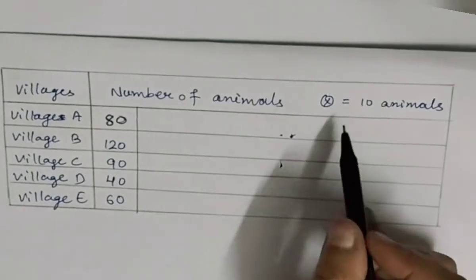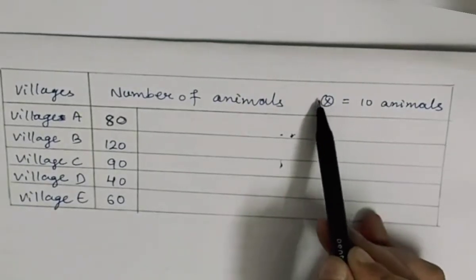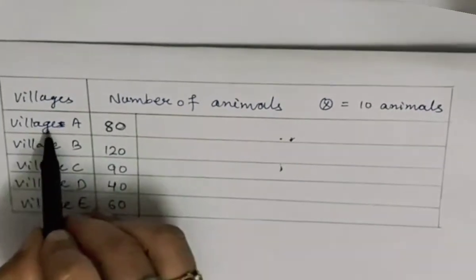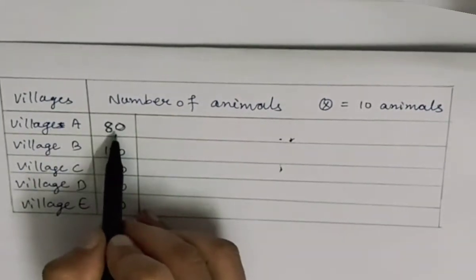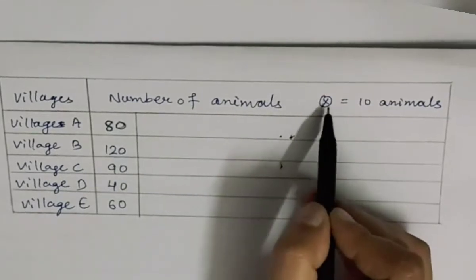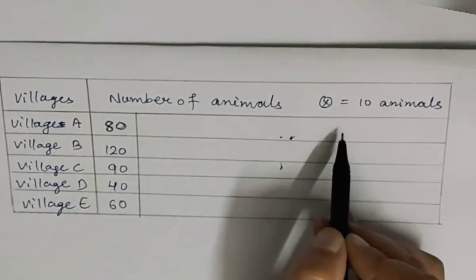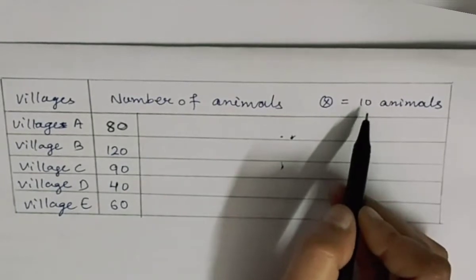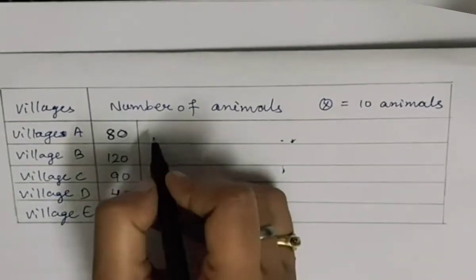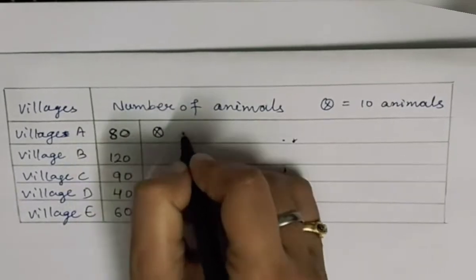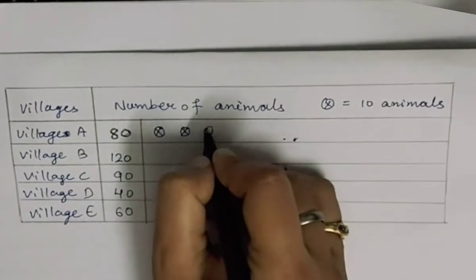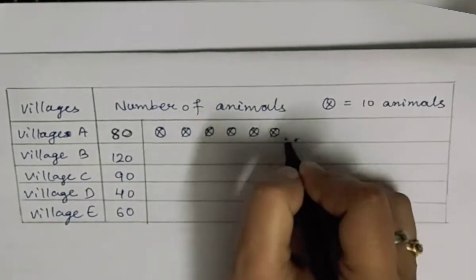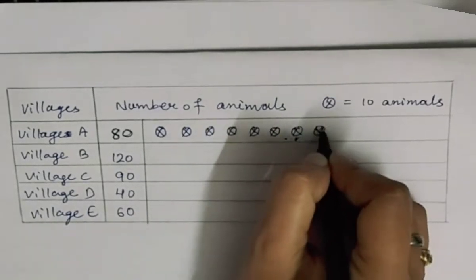Now it is clearly visible that this figure represents 10 animals and village A having 80 animals. So how many of this figure should I draw here? So 80 divided by 10 basically. So that is 8, means we need to draw 8 figures like this. 2, 3, 4, 5, 6, 7, 8.